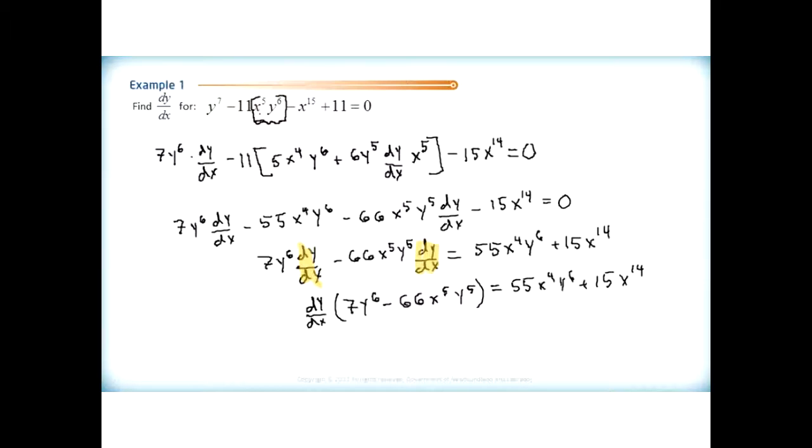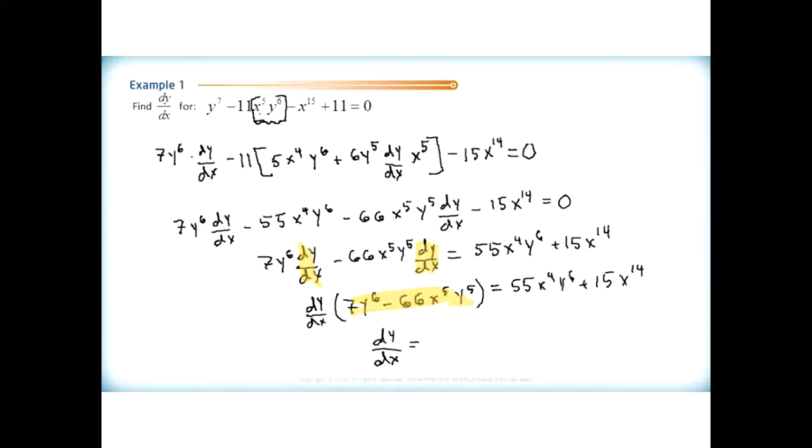Okay. So one last step to do here. If I want to get dy by dx all by itself, I'm just going to divide both sides of my equation by all of this business that's in here. And when I divide that on both sides of the equation, of course, it'll cancel out on the left. And I'll just have my dy by dx over here.